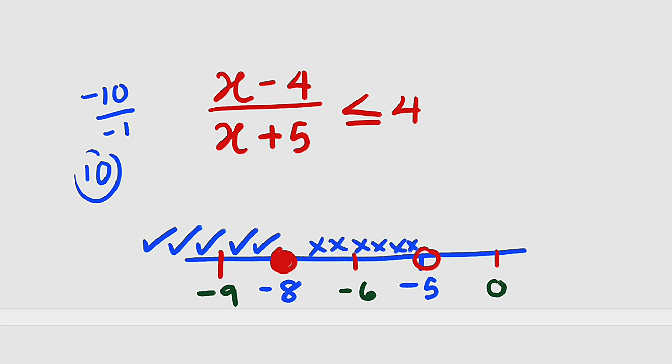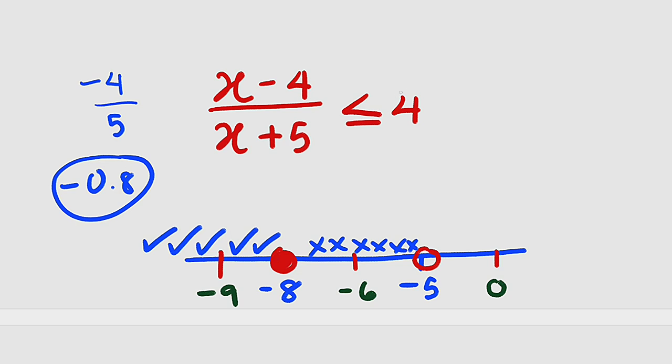And lastly, we have to the right hand side of negative 5, which we have 0. So if you plug in 0 here, 0 minus 4 is minus 4, and 0 plus 5 is 5. And negative 4 divided by 5 is negative 0.8. And negative 0.8 is indeed less than 4.